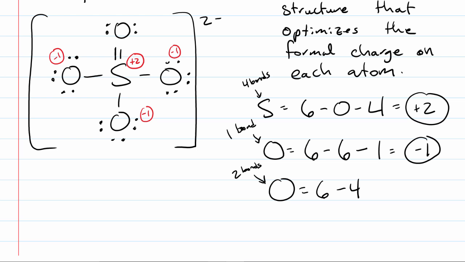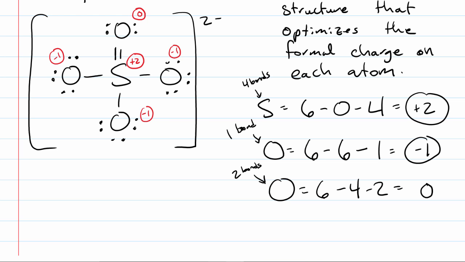And 1/2 of 4 is 2. So we subtract 2. We take 6 minus 4 minus 2. We are going to get a value of 0. And so now we've taken the formal charge of this oxygen and increased it from -1 to 0. We'd say we reduced its magnitude, and if possible, we want to reduce that magnitude. So we've taken its formal charge and made it become 0.